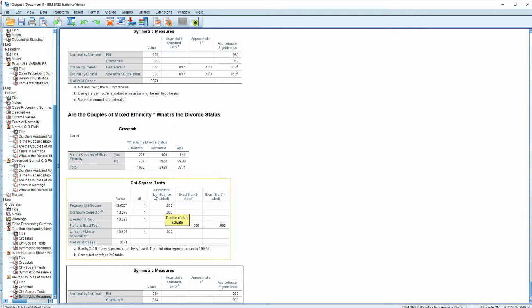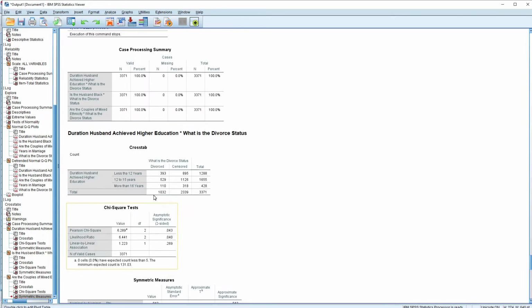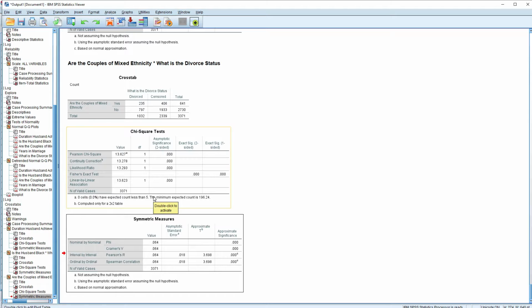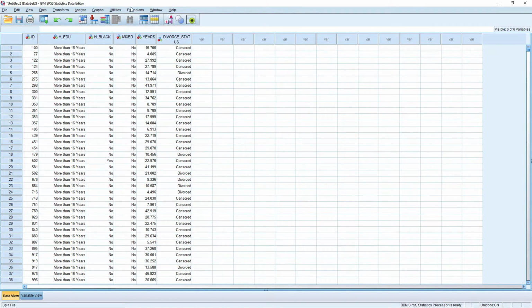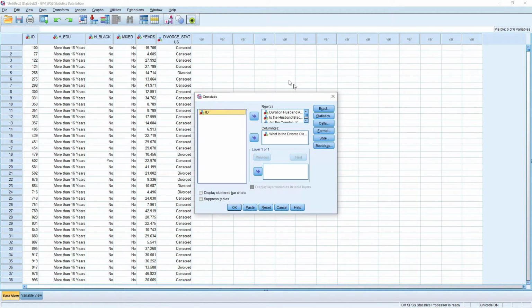All these values indicate that the correlations are very low, and though the hypothesis indicates that there is an association, the correlations are very low. So we'll find that analyzing the crosstabs is majorly used for analyzing discrete variables.